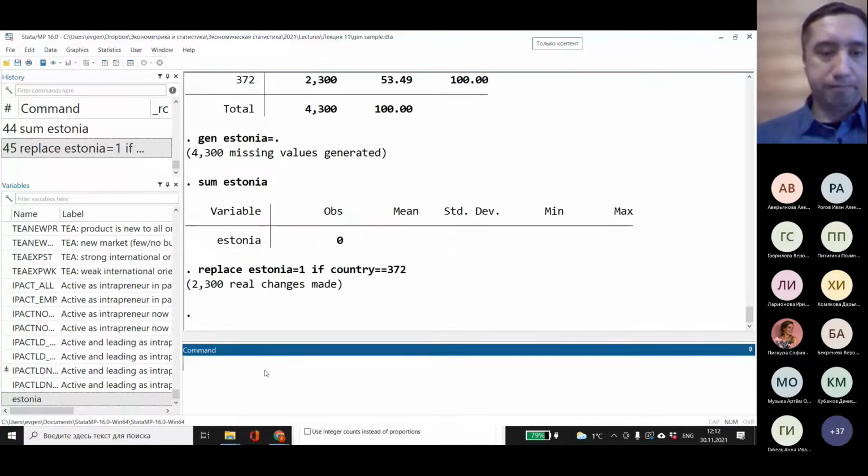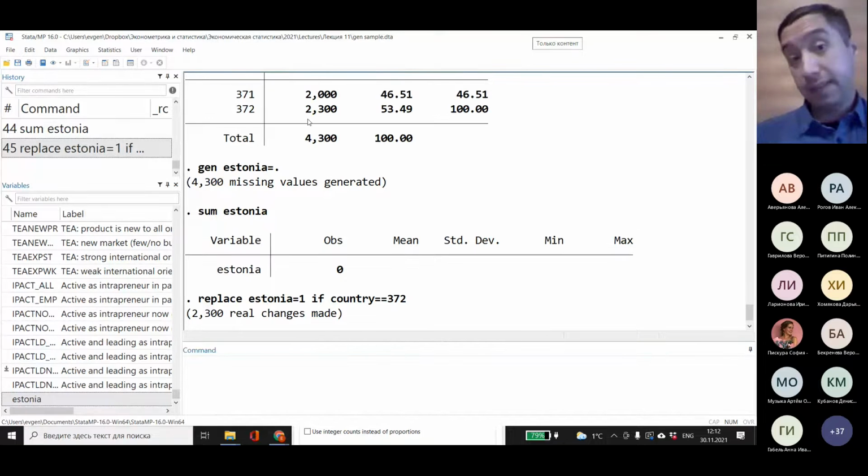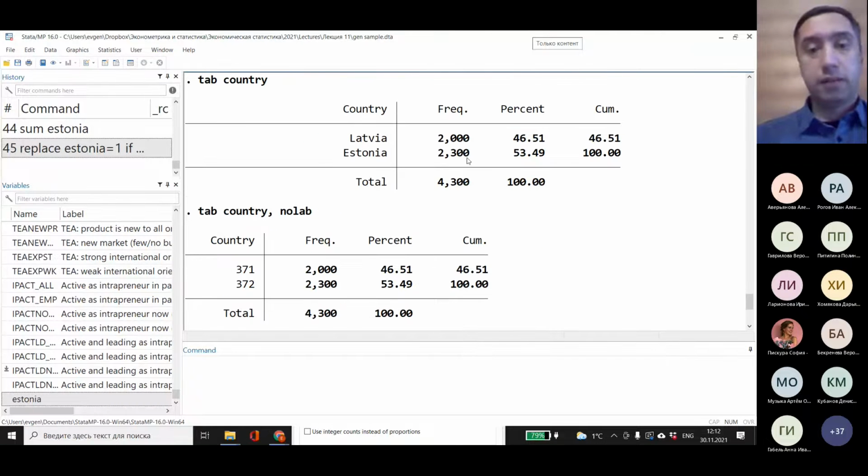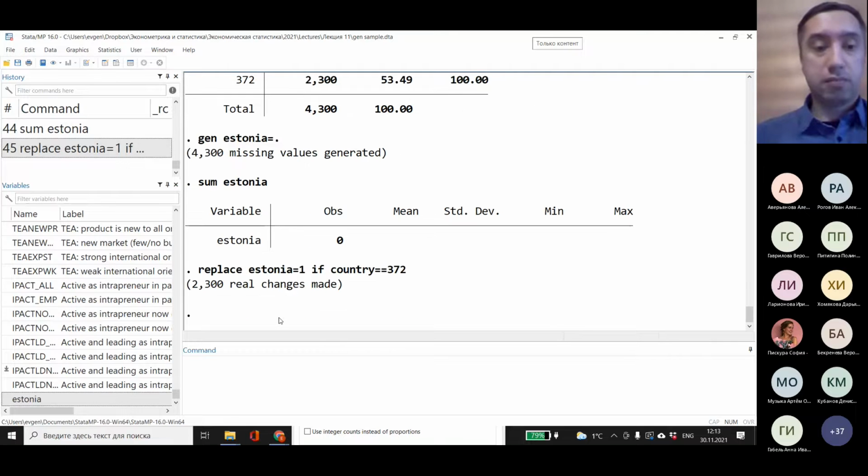That's it. And look, we have 2,300 real changes, exactly the same number we have here or here. So it means that there are no mistakes in this code.